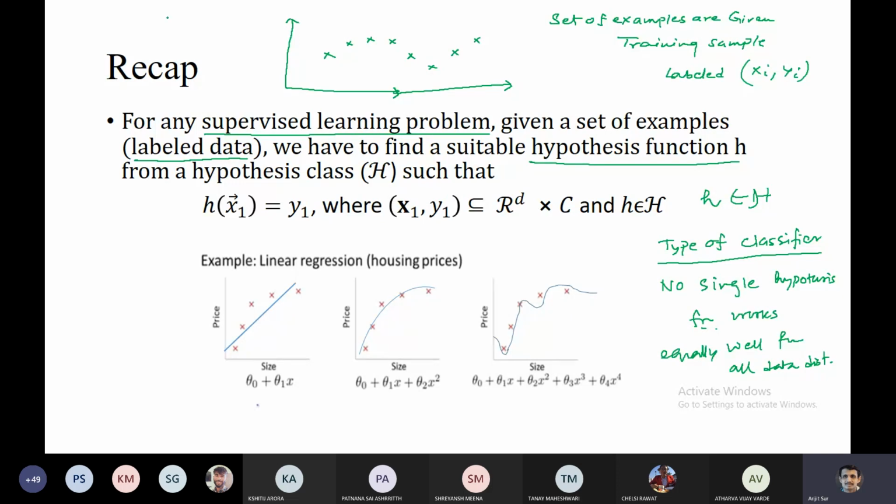This is the no free lunch theorem. That's what we mean: there will be no single universal algorithm. So sometimes we may go for logistic regression.